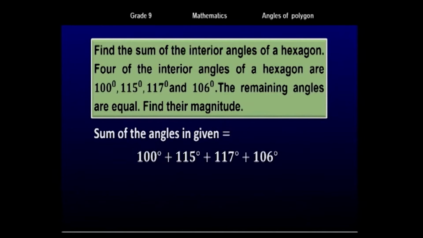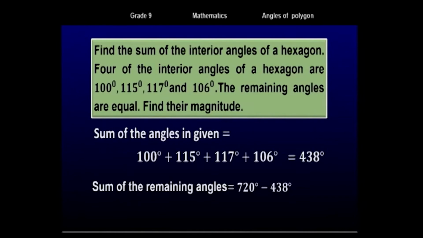What is the value? Now the sum of the remaining angles equals the total value 720 degrees minus 438 degrees. And what is the value? 282 degrees.